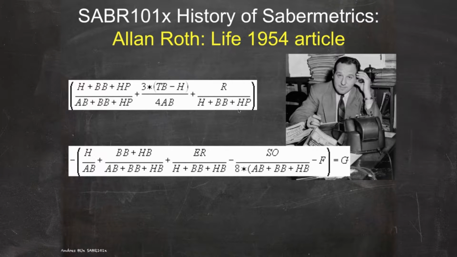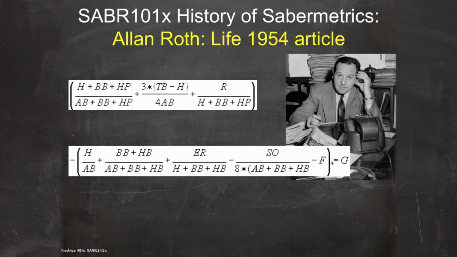So this is the formula. It has its basis on things we're familiar with. On base percentage, isolated power, opposition on base percentage, some measure of the ability to strand runners, or some measure of the ability of getting runners in when they're on base.